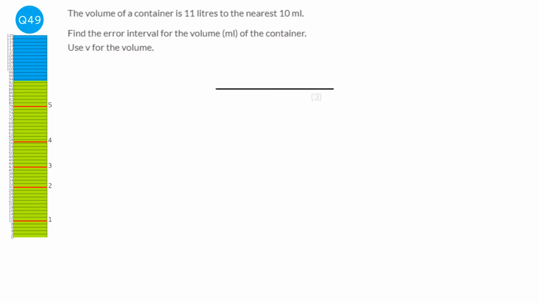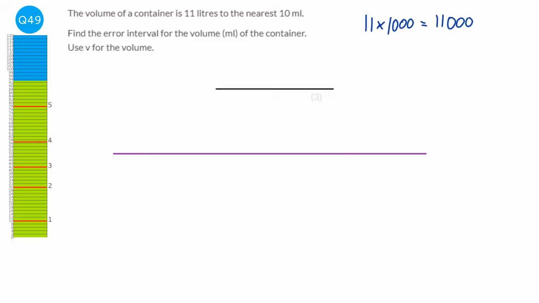So we're going to first of all convert the 11 litres into millilitres. So we're going to do 11 times 1,000, which will be 11,000. Okay, so we're going to just draw a line, like a number line, and we're going to have the 11,000 in the middle.